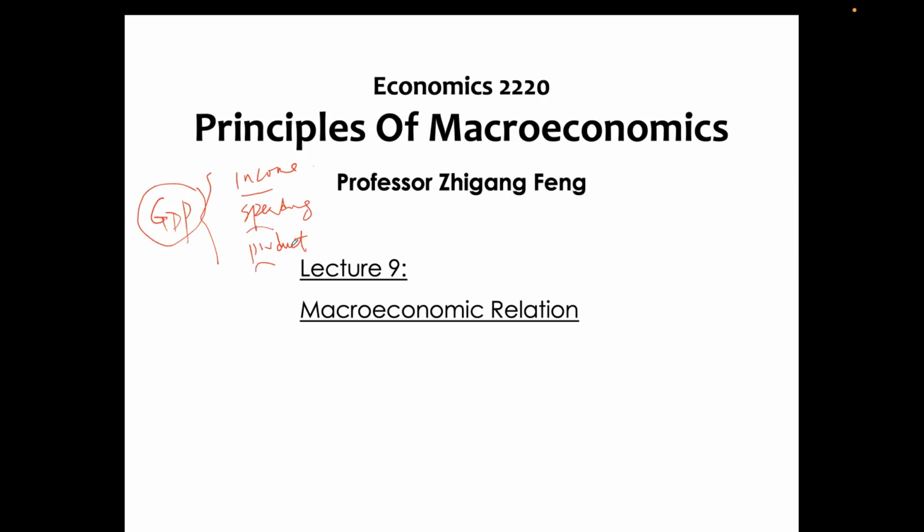Or in other words, in this module, starting from this lecture, the key thing we're going to study is to understand what determines GDP. Here I use Y to denote the GDP. We care about what determines the fluctuation of GDP. But how are we going to proceed?